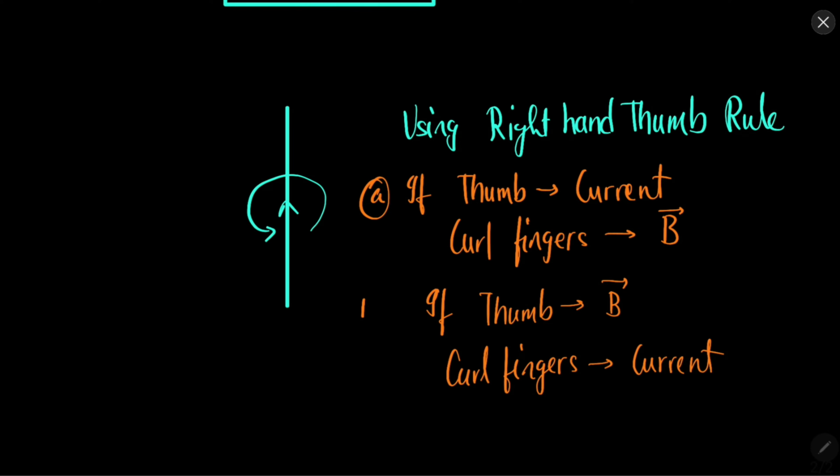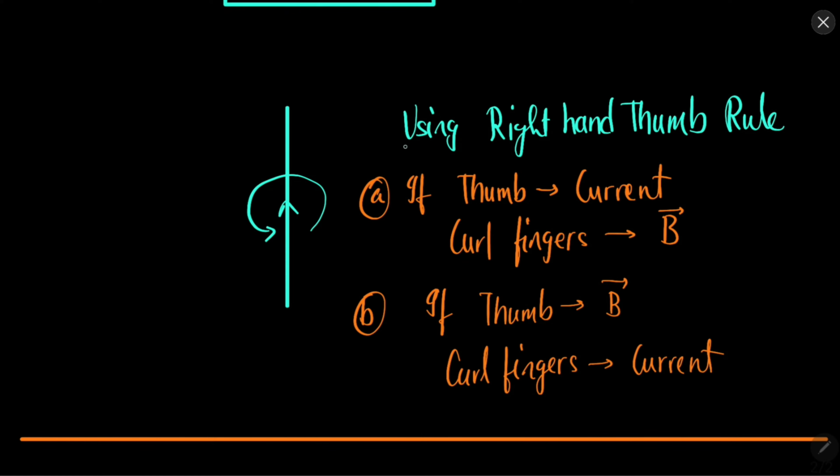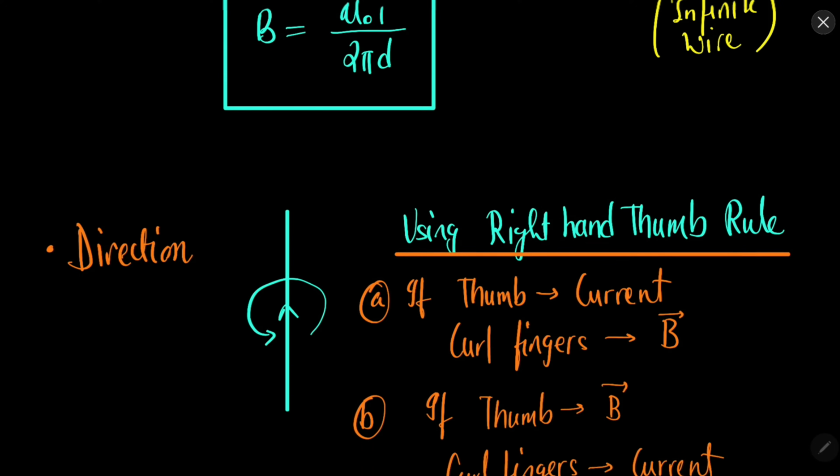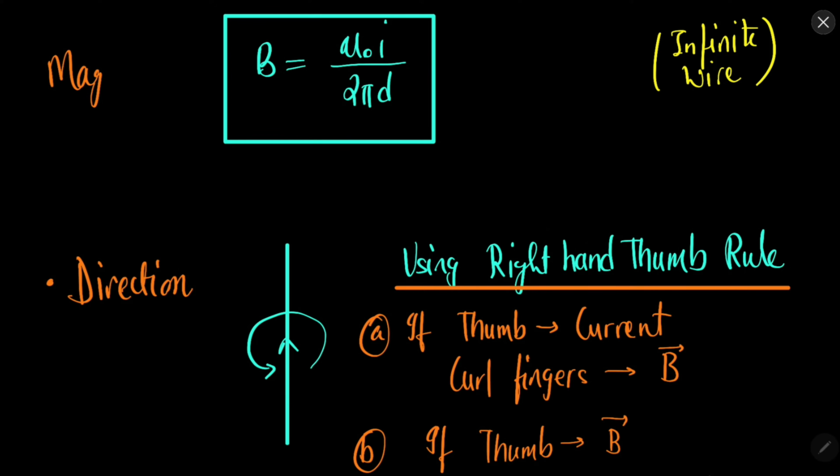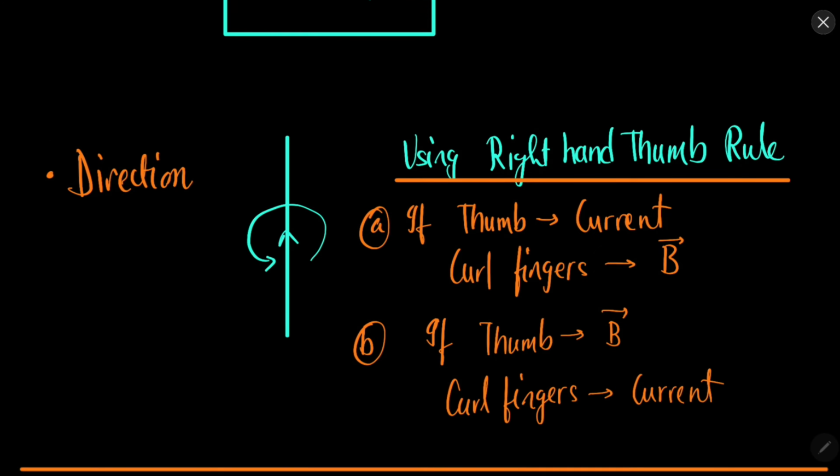Situation 1, situation 2. So using the right hand thumb rule you can find the direction of the magnetic field or the current. This is the magnitude only, scalar.